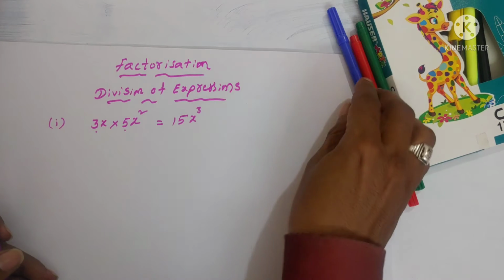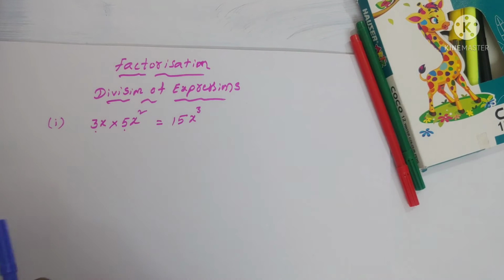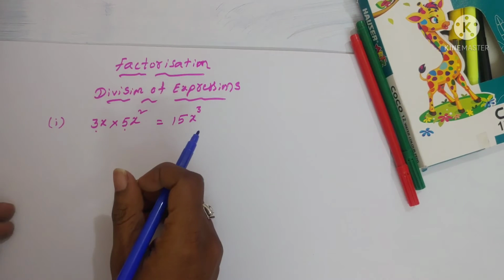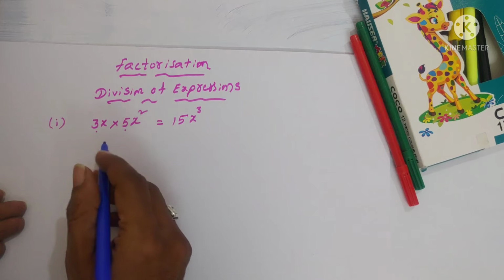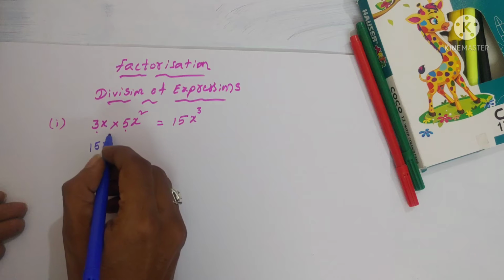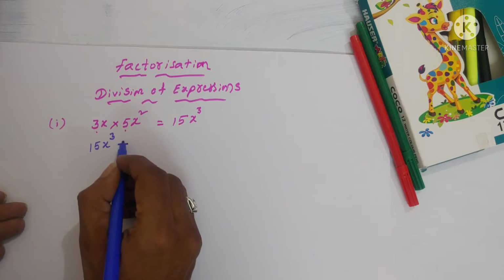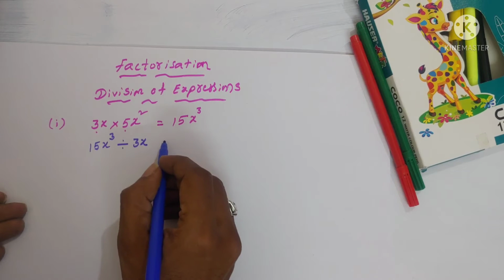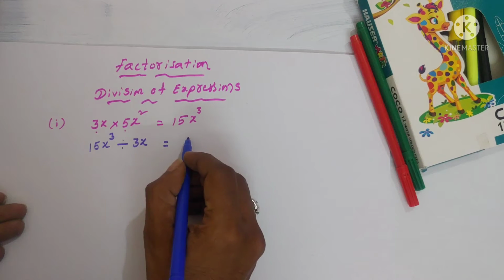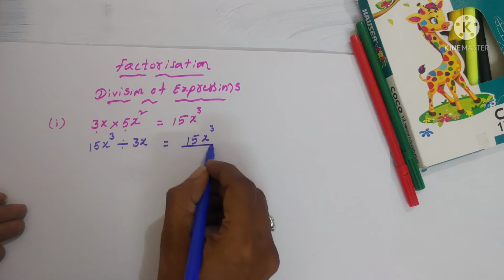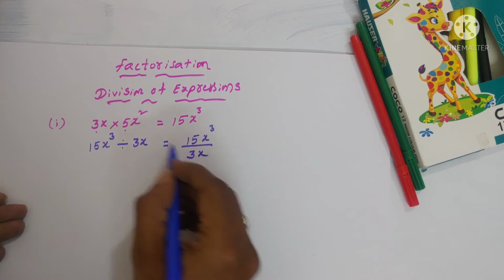Now, can you write this in a division form? Yes. If 15x cube is divided by 3x, then what do we get? Simply we get 5x square only.